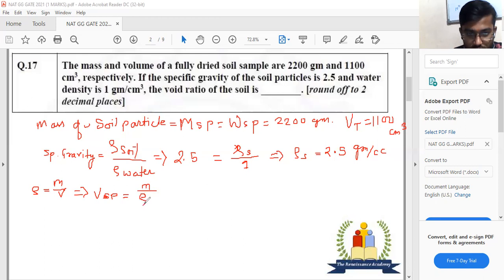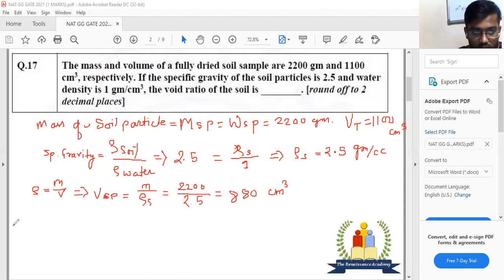So we are calculating volume of soil particle, so mass upon density of soil. Okay. So mass is 2200 divided by 2.5 density we have just calculated. After calculating this, we'll get 880 centimeter cube.